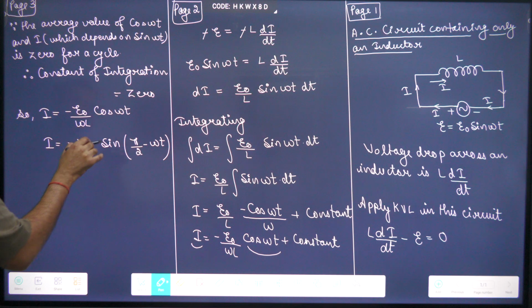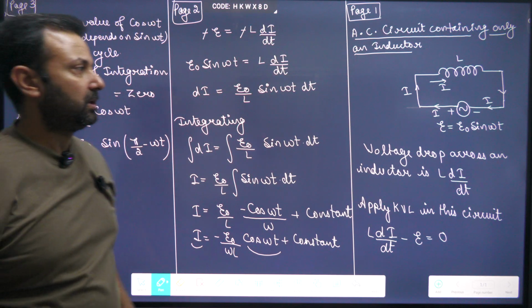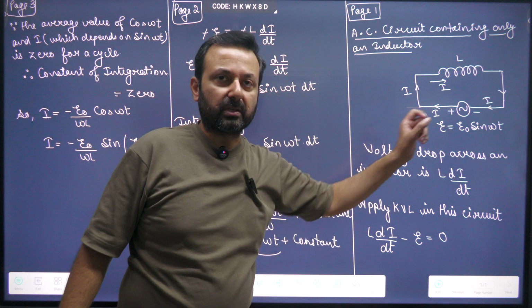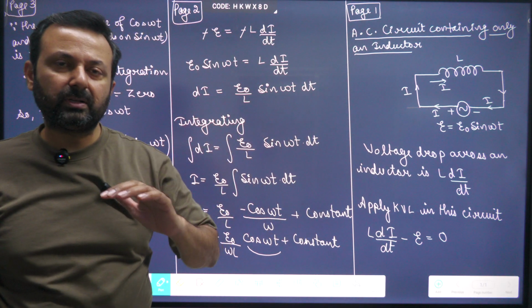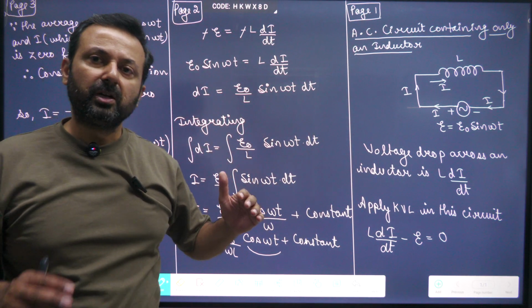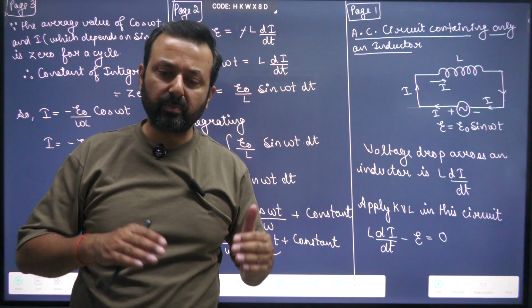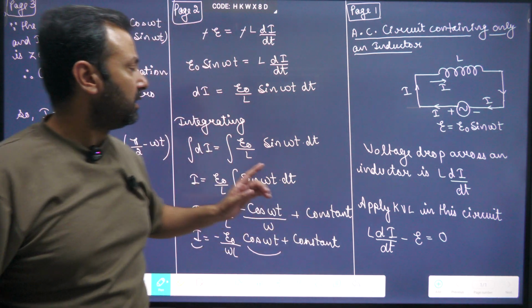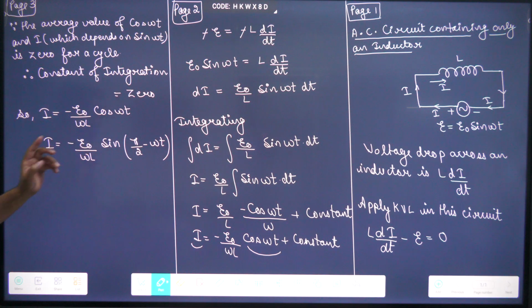Why have I converted this cos into sine? Because EMF depends on sine theta, so I want the current to also depend on sine theta, so that we can calculate the relation between E and I. That's why I have converted this cos into sine. So cos theta can be written as sine 90 minus theta.